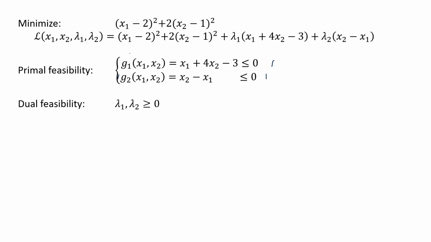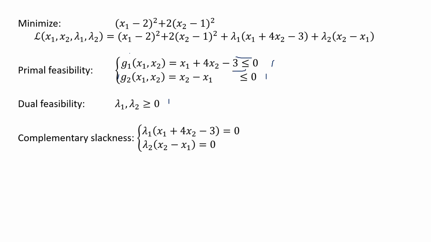The dual feasibility conditions are lambda 1 and lambda 2 must be greater than or equal to 0, because they correspond to two inequality constraints. And the complementary slackness conditions are lambda 1 times (x1 plus 4x2 minus 3) equals 0, and lambda 2 times (x2 minus x1) equals 0.